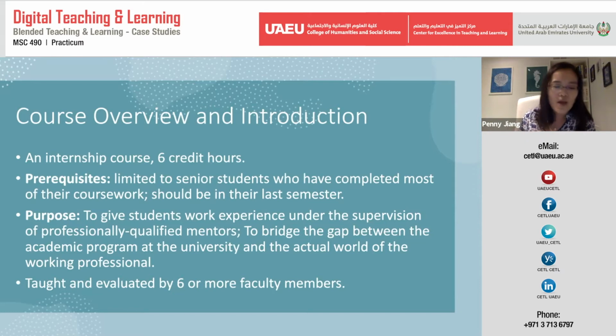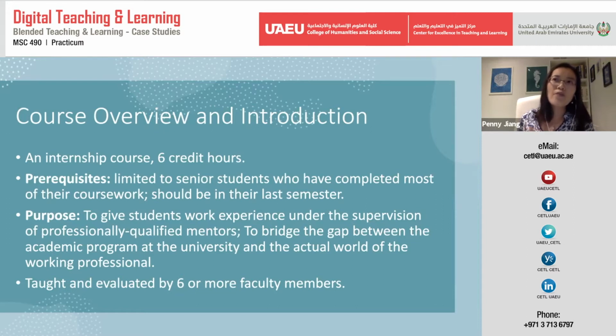And this course, when I was first assigned it, was in 2013. Originally, we only had 2 faculty members supervising all internship students at that time. And with an expansion of the number of our students from around 30 to 50, they wanted to invite more faculty members to supervise students.